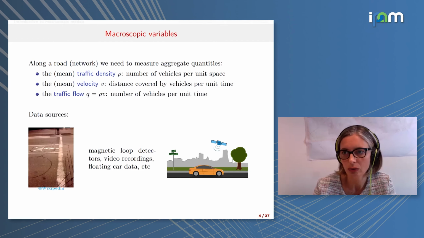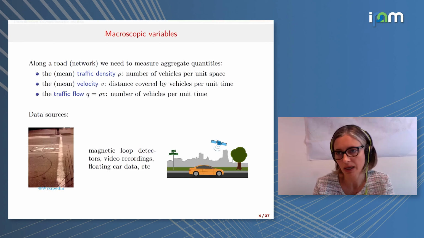We are not looking at each single vehicle, but we just take the mean of the different velocities. And the traffic flow, that is the number of vehicles that pass at a given point per unit time. Of course, we will see how these quantities behave mathematically, but if we want to apply the models, we also have to be able to measure these quantities to calibrate the model on the specific situation we are looking at.